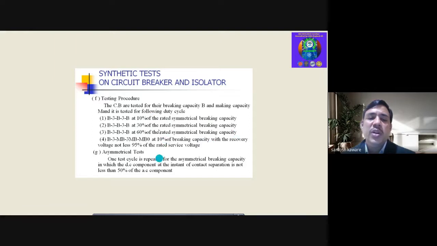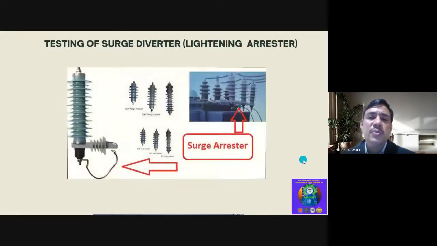So in different conditions they test all these breakers for their duty cycle. Then asymmetrical tests are also there. Suppose there is a single phase fault or double line to ground fault, meaning there is an imbalance. So unsymmetrical testing is also carried out for the circuit breakers and isolators.